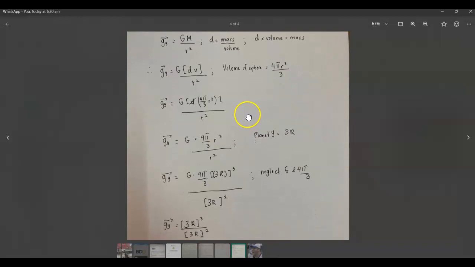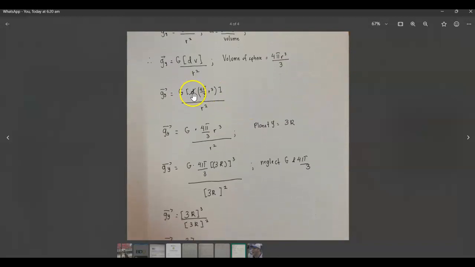Now, going here, as you can see, we cancel the density because they have the same density. It doesn't really matter. Therefore, simplifying, this gives us this equation. And we know that planet Y has 3 times the radius. Therefore, we replace r cubed here with 3r cubed. Also, the r squared, since we're talking about planet Y, will be replaced by 3r squared as well.